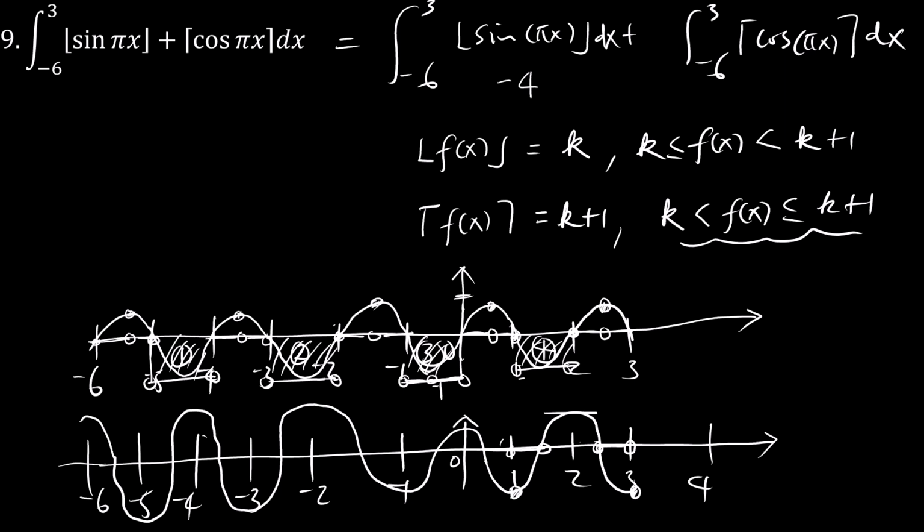And then here we have like that, like that. And then it's going to be 0 with the exception of that. And here it's going to be 1 at the edges.